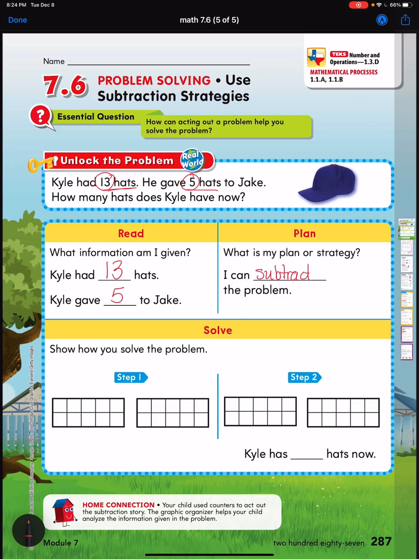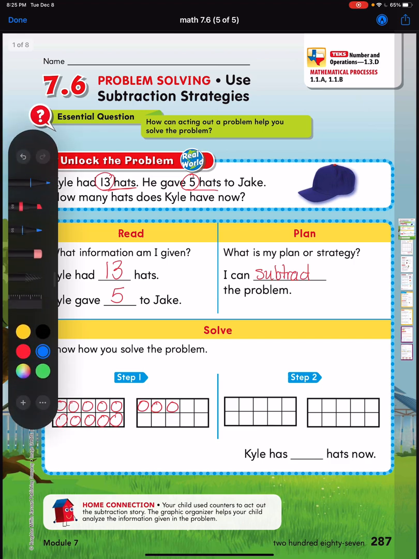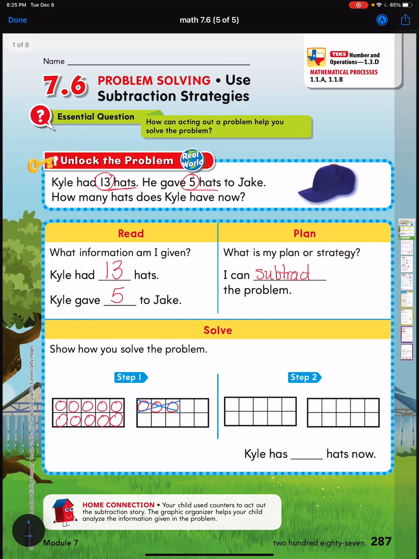So step 1, I'm going to show those 13 hats in my 10 frames. 13. Okay. Now remember, when we do it like this, I'm going to take away this 3, and I'm left with 10, right?